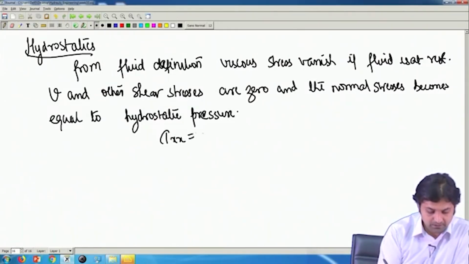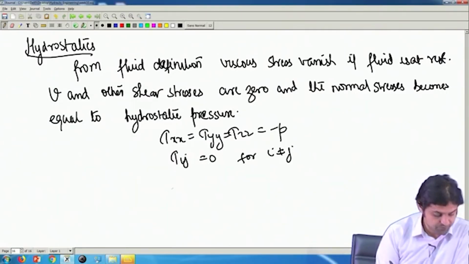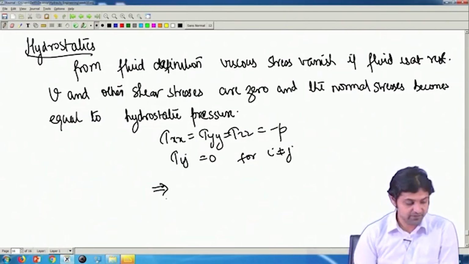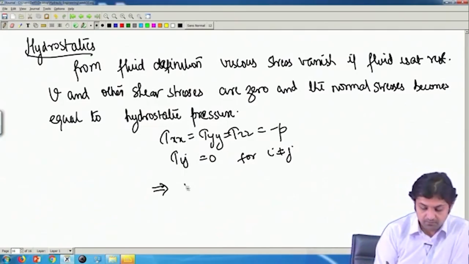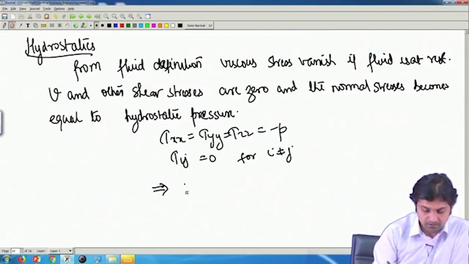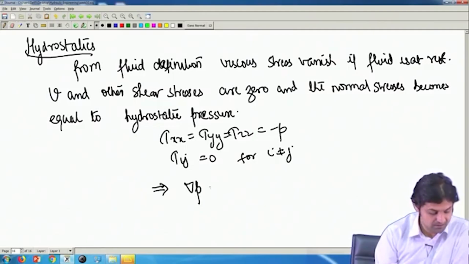So tau xx becomes equal to tau yy is equal to minus pressure. Tau ij is equal to 0 for i not equal to j. So this implies, if we put it in the equation number 9 that we have obtained, we get delta P equal to rho g.